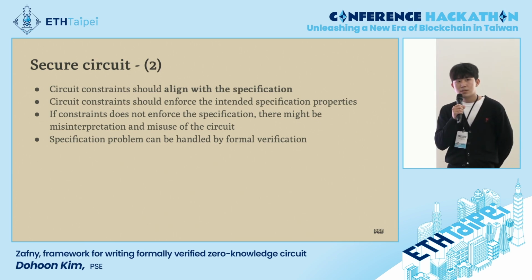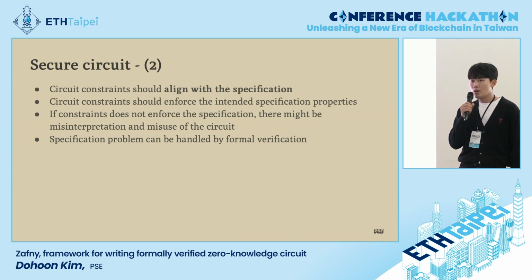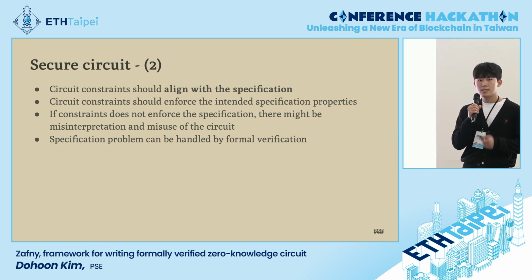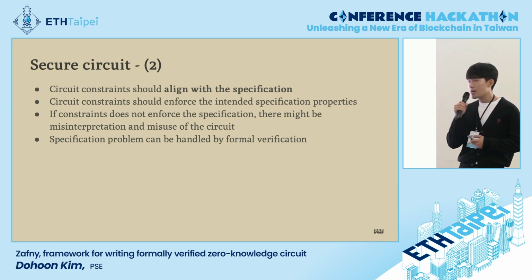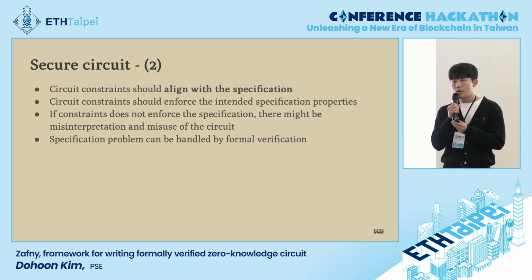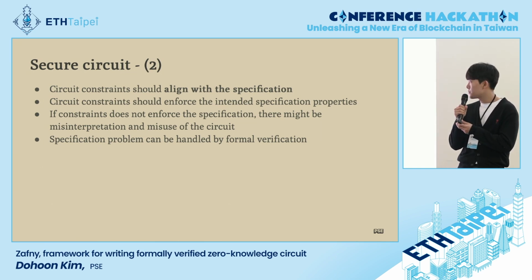And second, circuit constraints should align with the specification of the developers. Circuit constraints should enforce the desired properties, the intended specification properties of the developers. If constraints cannot enforce this specification, there might be a misinterpretation of the circuit and also a misuse of the circuit.